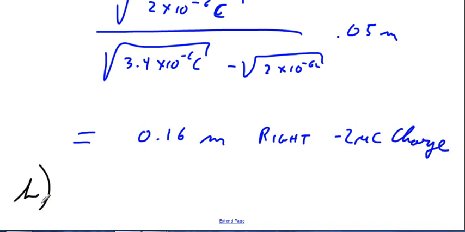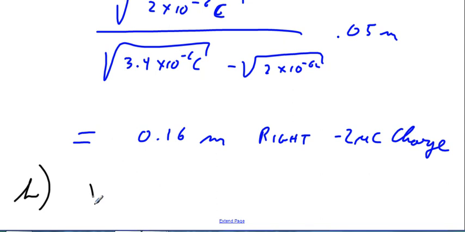Now we're looking at the B part. We want the voltage to be different. Okay, so we want the voltage to be different, and instead of squaring it like we did the last time, we're going to not square the difference.